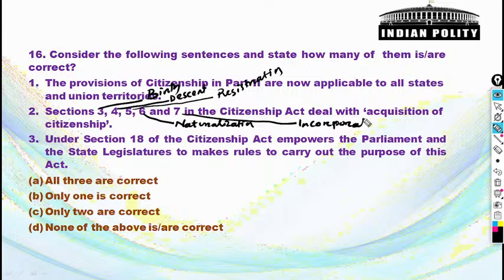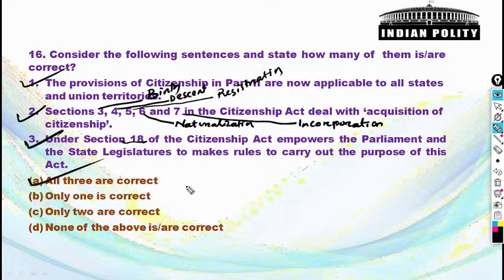Section 6A deals with citizenship under the Assam Accord. And Section 8, the last section of the Citizenship Act, empowers the Parliament and the state legislature to make rules to carry out the purpose of this act. So they both are correct.